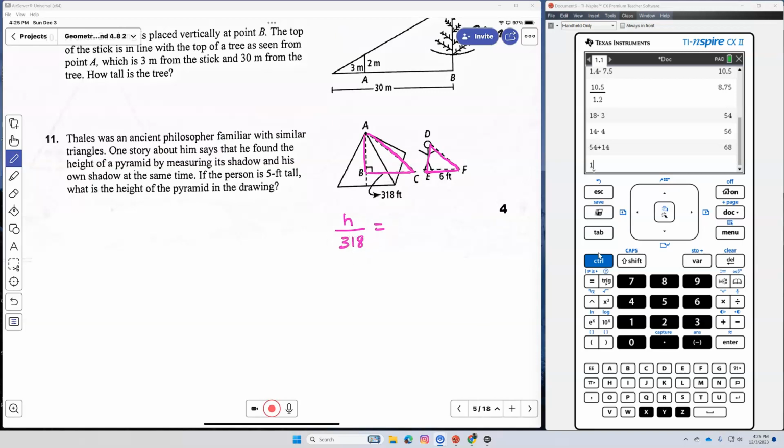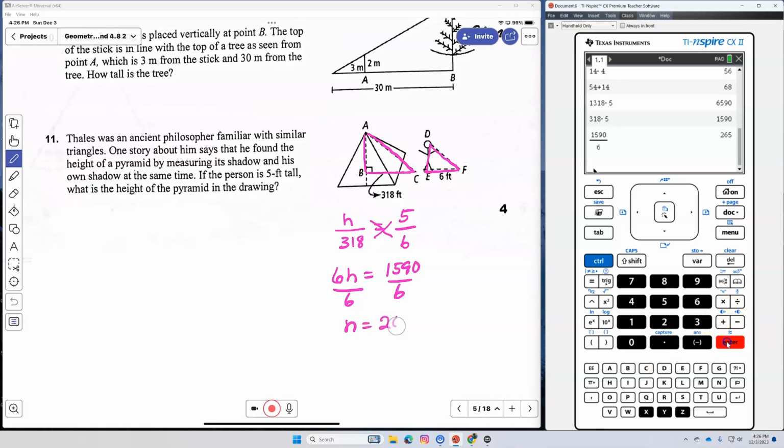And we know that the person was 5 feet tall, so it's 5, and his shadow was 6. So you're going to cross multiply. So we have 6 times h, 6h, is equal to the product of 318 and 5. So it's 1,590 divided by 6. And that's going to give us the height of the pyramid, which was 265.